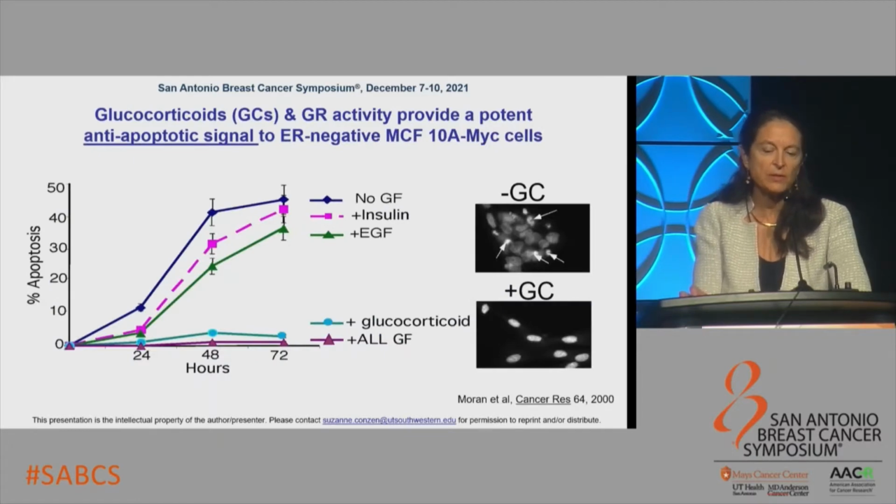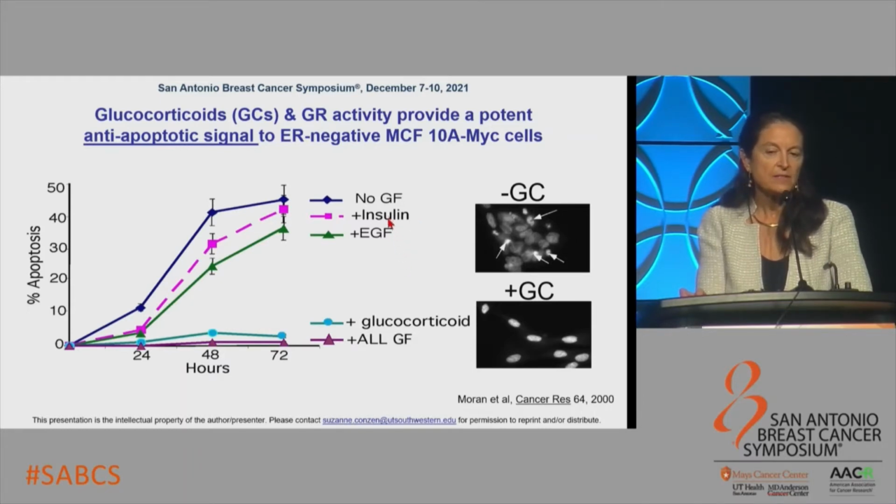Many years ago in my laboratory, we were interested in what factors present in serum were activating or repressing apoptosis. In a model that we made, an MCF10A MYC overexpressing cell line, so it's partially transformed, we began to investigate a number of growth factors, and I show you some here.